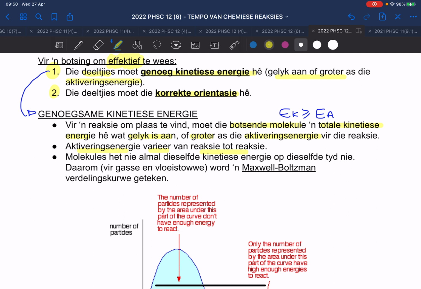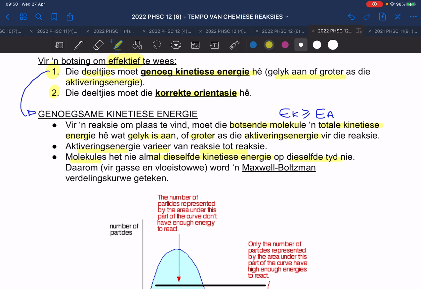Then, very important. Molecules do not have the same kinetic energy at the same time. What I mean here is, when I look at you in this class, some of you are morning people, you're awake, you're here, you're lively, some of you will only wake up at 12 o'clock.